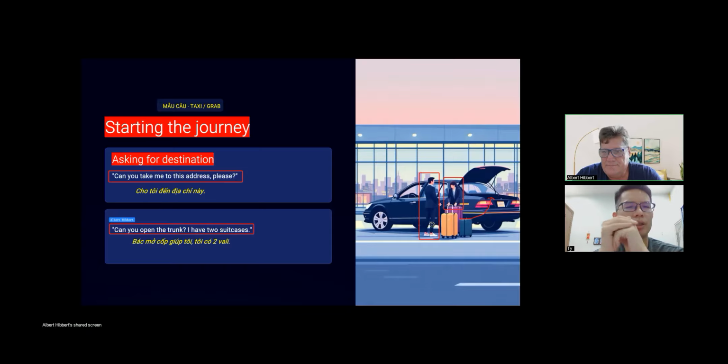So say the driver is sitting in the car and you are standing next to the door. You can ask the driver first, can you take me to Noi Bay Airport, please? Then he says, yes, I can. Then you ask the driver, can you open the trunk? I have 3 suitcases. And then he will get out of the car, open the trunk, and help you to load your luggage into the boot.